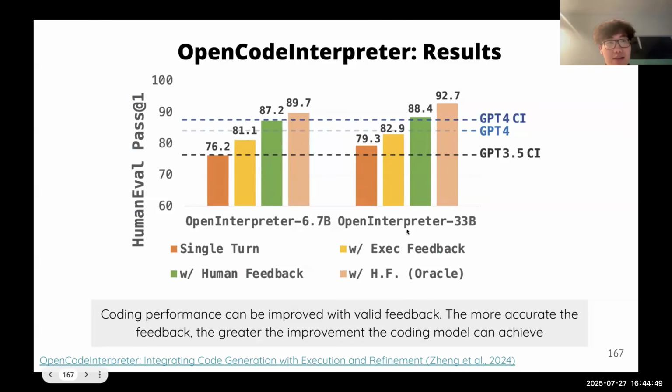And from the results, we can see that with the execution feedback, we get improvement compared with a single turn, and with human feedback, the performance is further improved, and with Oracle feedback, we get the most capable performance. That means the more accurate the feedback, the greater the improvement the coding model can achieve.